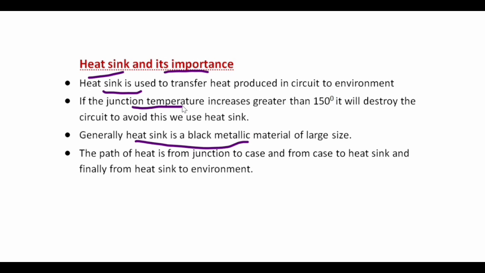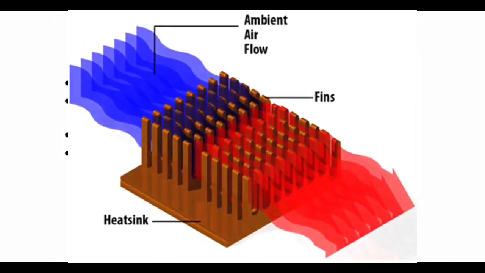If this increase in temperature exceeds 150 degrees Celsius, or some range that is fixed for different devices, and goes beyond that level, it will destroy the complete circuit by going through thermal runaway. To avoid this, we have to sink the heat produced in the circuit to the outside atmosphere. To do that, we require a device, that is, a heat sink.